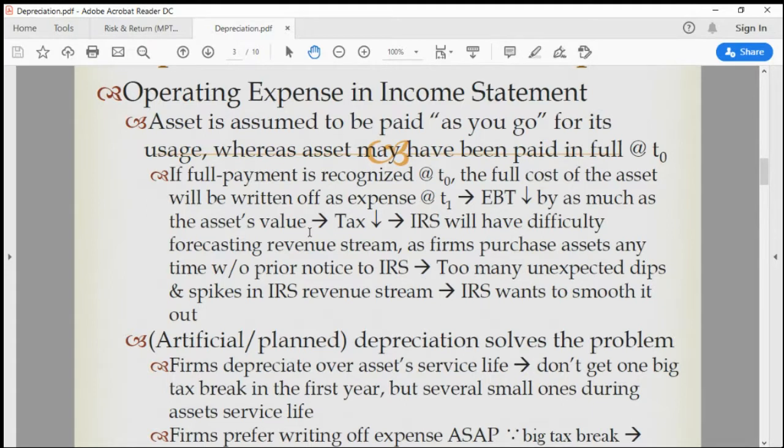I hope you haven't forgotten this already, because that wasn't that long ago. Earnings before interest and taxes, right? So obviously, if expense goes up by 50K, that means EBIT goes down by 50K, right? Makes sense? Anything that makes expenses go up by 50K will reduce EBIT by 50K. And if EBIT goes down by 50K, what happens to the EBT?